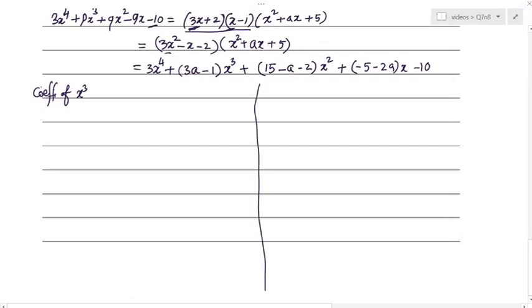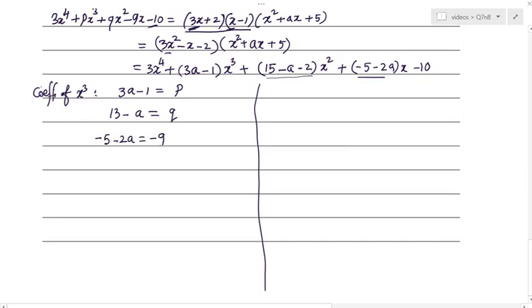So the coefficient of x cube will give me 3a minus 1 is equal to p. The coefficient of x squared will give you, I'll write that as 15 minus 2 is 13, so 13 minus a is equal to q, and the last term is my constant term, and I get minus 5 minus 2a is equal to minus 9.